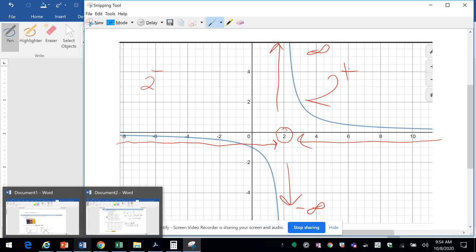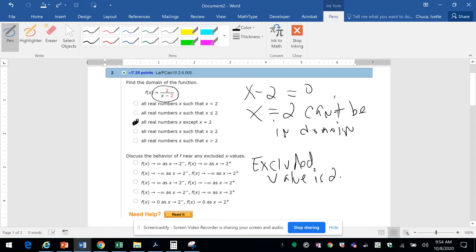So if we look at our answer choices, the first one says, as f of x goes to infinity, f of x will go to infinity as x approaches 2 from the left side. So let's look at the left side. As x approaches 2 from the left, does it go to negative infinity?